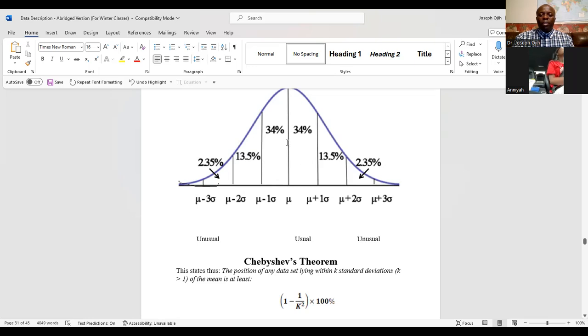And we have these numbers, 34, 34, for this kind of distribution. Like I said, these numbers are set in stone and they are computed by statisticians using different formulas, which I will explain in a minute.